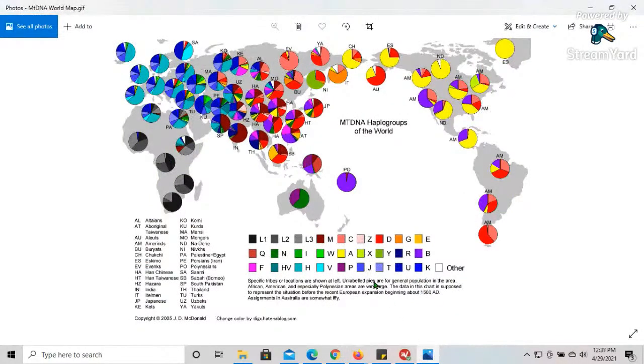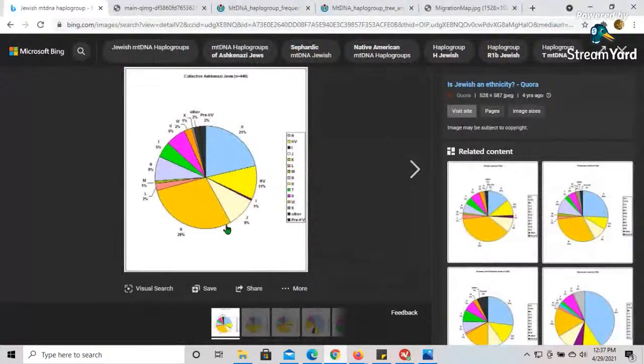The W is right here, the light green. So this light green here, the W, is a common signature of the Jewish mtDNA, because I keep seeing this W and wondering what it is. And the X, we've seen the X before. The X also went to America, which is an interesting study as well.